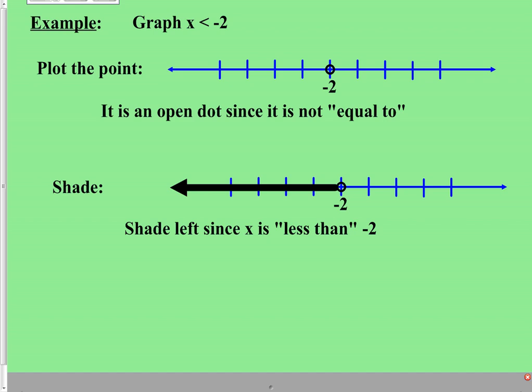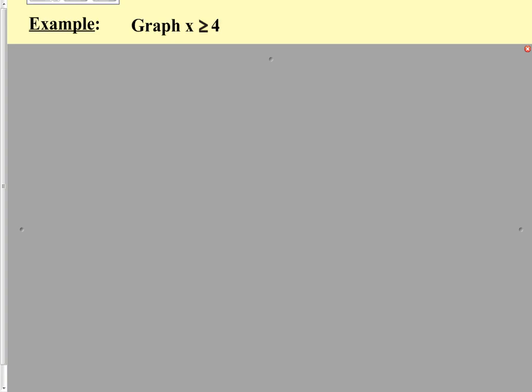Okay, one more example, and then we will get on to the real math that we're going to be doing today. Graph x is greater than or equal to 4. Okay, well, clearly it doesn't take a rocket scientist to go to 4 on the number line and put a point there. What will our dot be? An open dot or a closed dot this time?